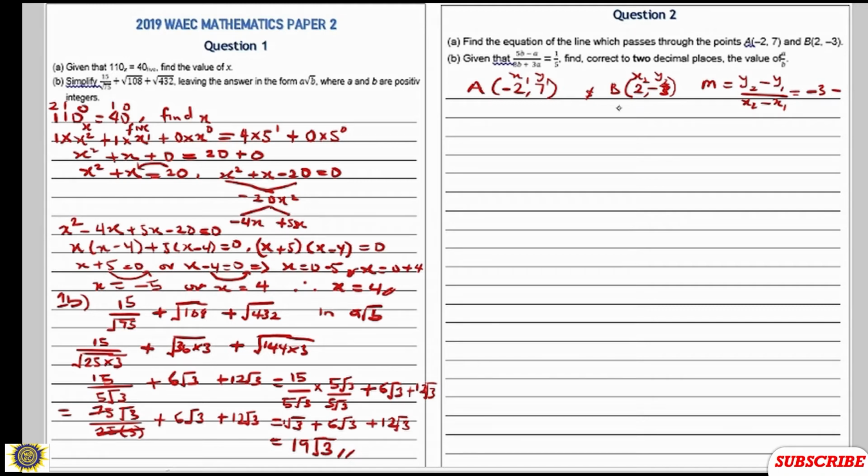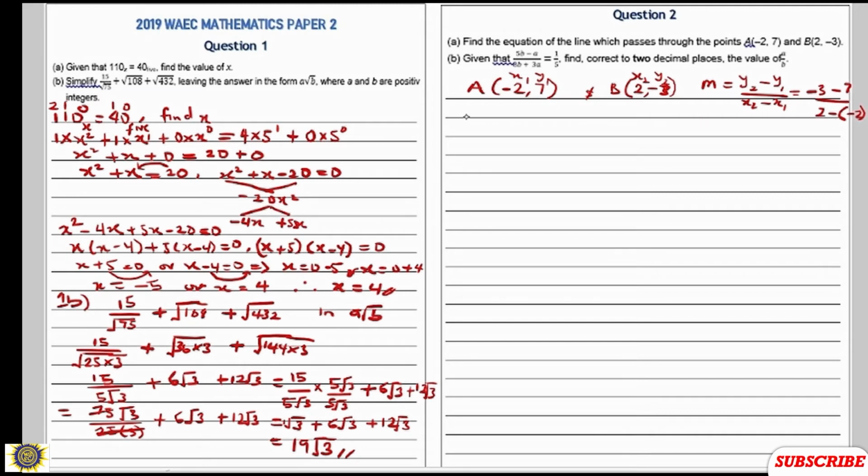Because this is y2 minus y1, we have minus 3 minus 7, all over. For our x2 we have 2, and x1 is minus 2, so 2 minus minus 2.